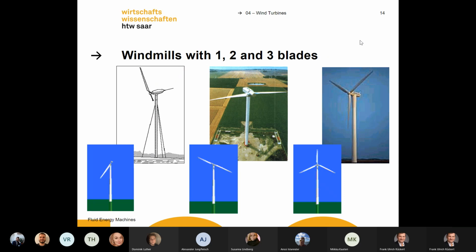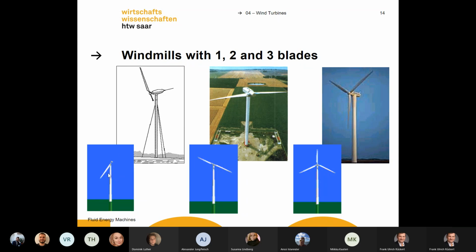Here you can see modern windmills, and this quite old picture. We always show it to explain that nowadays, in most cases, we have 3 blades. I think all the windmills now have 3 blades, but it's not necessarily so. You can also have fewer blades, maybe 2 blades or 1 blade.